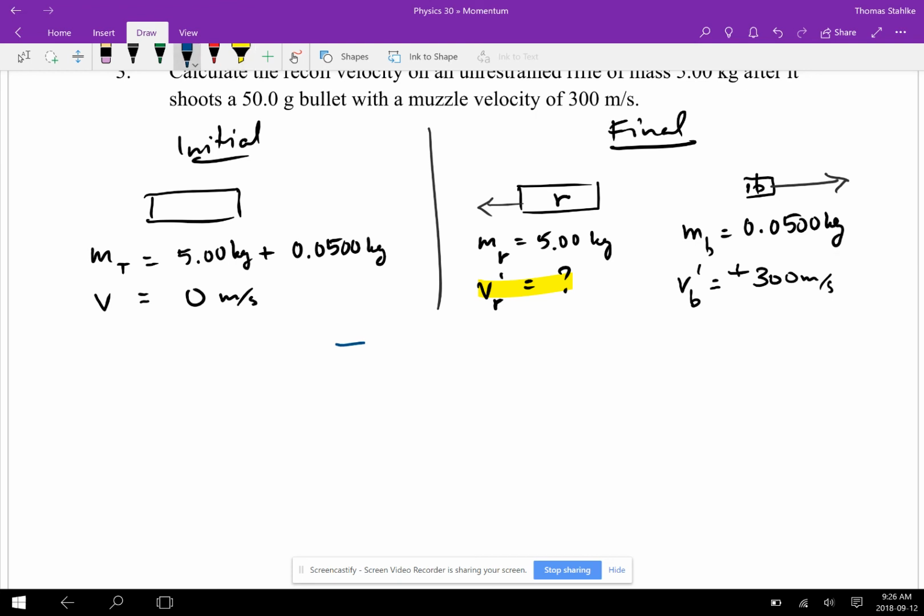So let's start with the sum of momentum initially equals the sum of momentum final. Together I have a total mass, that's a T, a total mass times velocity equals the rifle and its velocity prime and the bullet and its velocity prime.